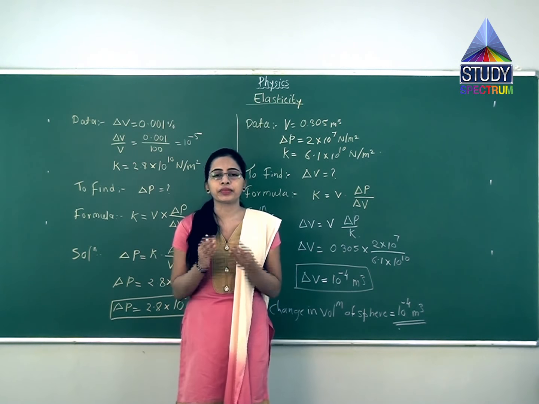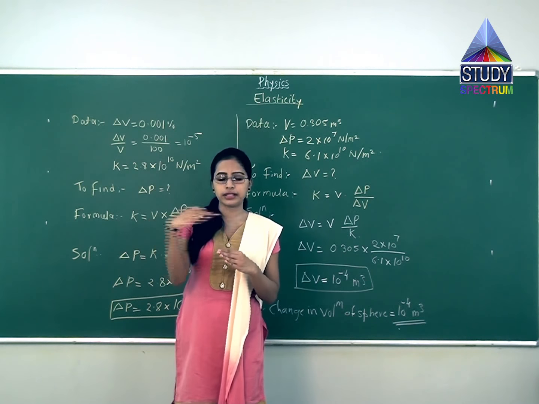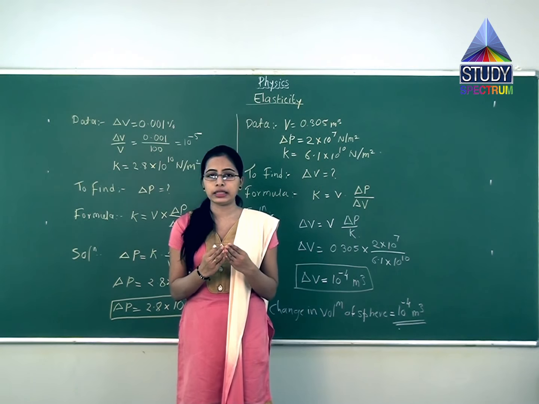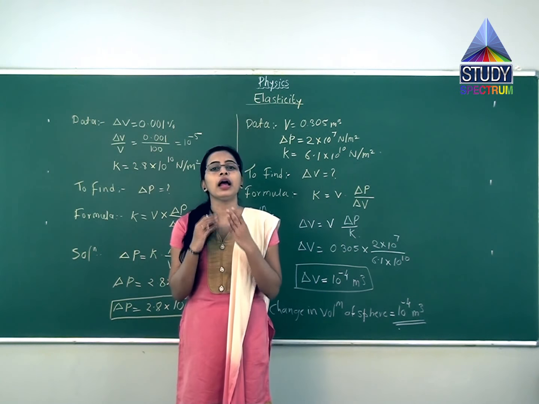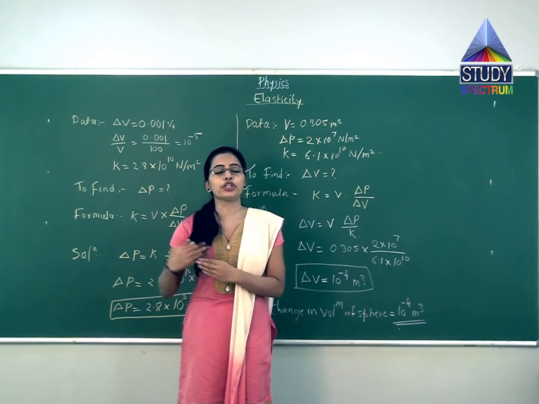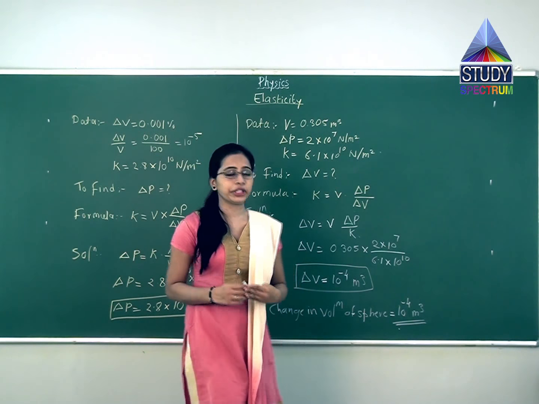Now you can see this example is based on the lateral displacement that we had considered in three concepts: shearing stress, shearing strain, and also in Poisson's ratio concept. Now here we will solve this. So let us write down data.